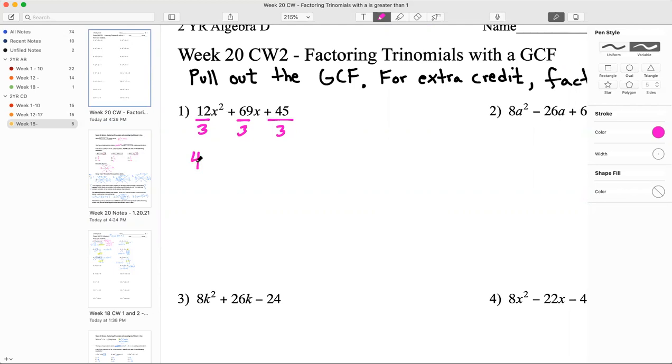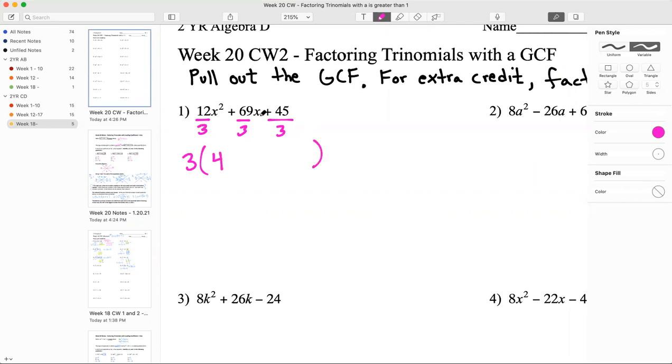I get 4 on the outside. Put a 3 there. 12 divided by 3 is 4. This is how you would do it.